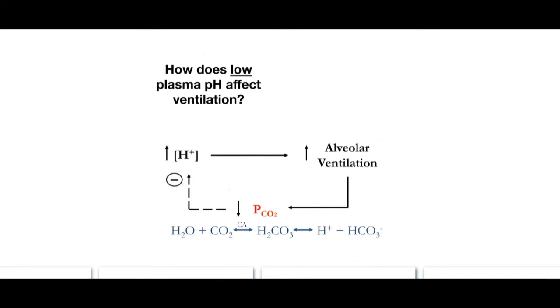What about high? So high pH, alkaline. Right? If you already have a relatively alkaline pH, what you really want to do is bring your PCO2 back up to try and lower the pH back down to normal. This is what happens when people have panic attacks and they tell you to breathe into a paper bag. Right?